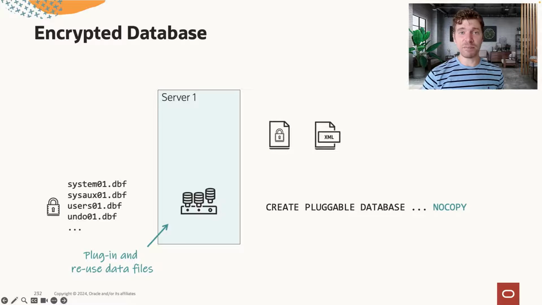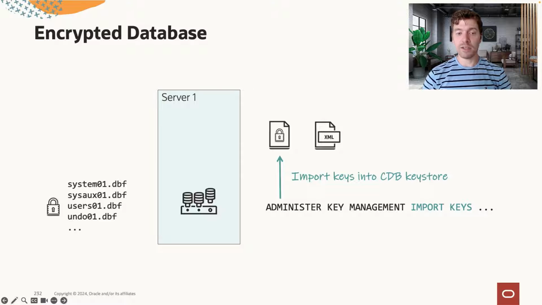So after it reads the manifest file, now it's the time you need to run the administer key management import command, okay? So here, when we run the import, it's gonna import all the TDE keys that were stored on that encrypted text file that you exported from your source environment. So basically, the steps are the same, but with two extra commands.